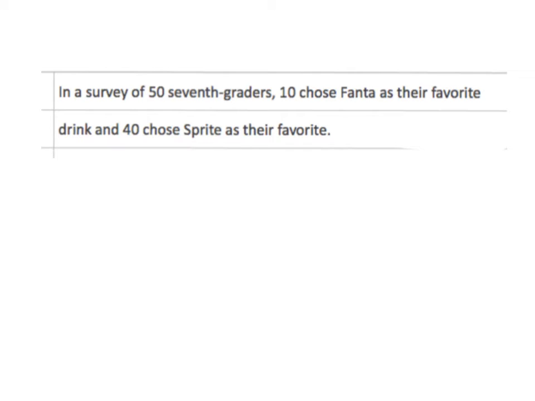Here's our first example, and we really only have 2 of them. In a survey of 7th graders, 10 chose Fanta as their favorite drink, and 40 chose Sprite. So I could do a couple different things. Let's talk about those who like Fanta to those who like Sprite.